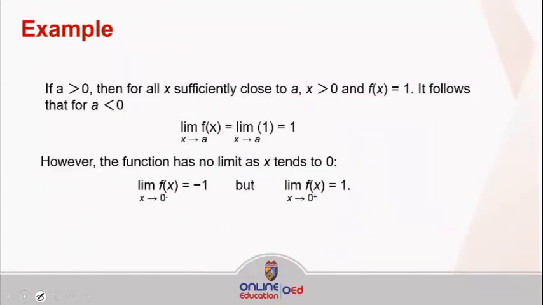Then, for example, if yung a natin is greater than 0, then for all x sufficiently close to a, yung x natin is greater than 0 and f of x natin is 1. So, ibig sabihin daw, yung limit of f of x is yung limit ng 1 natin, which is equivalent lang sa 1. And then yung function has no limit as x tends to 0.